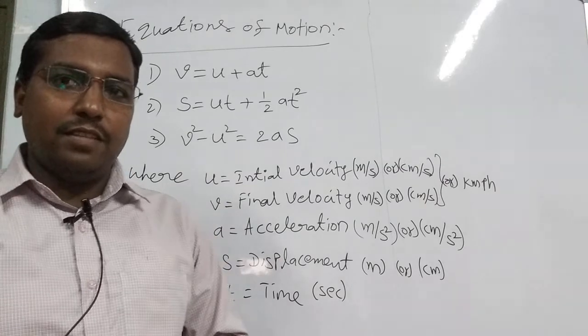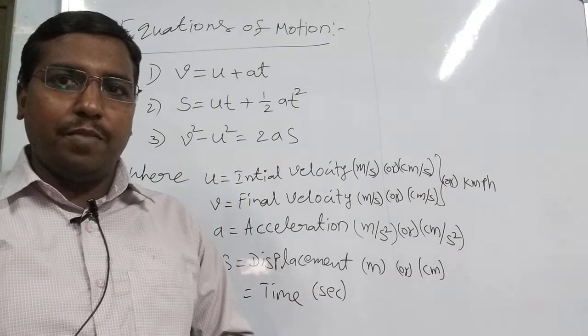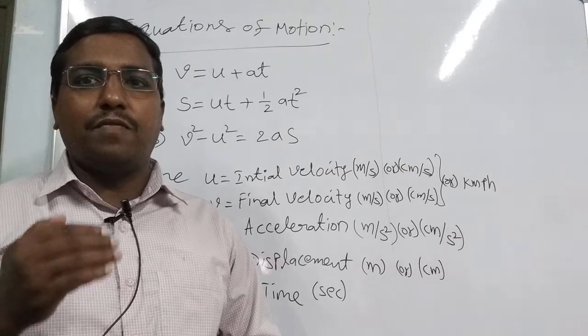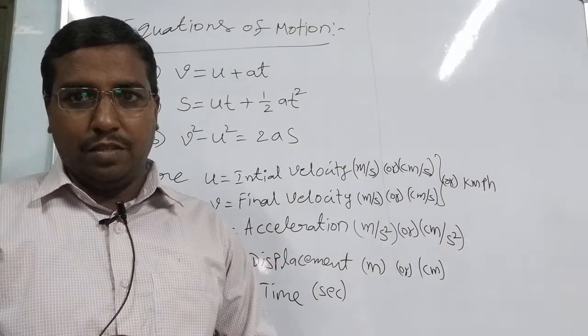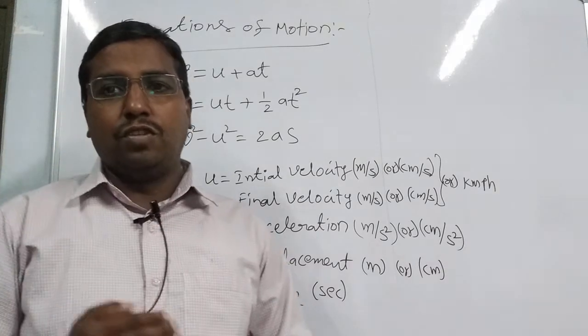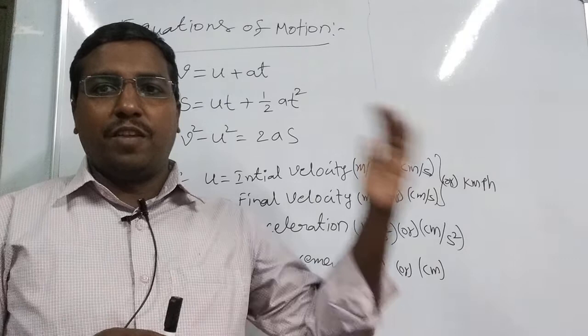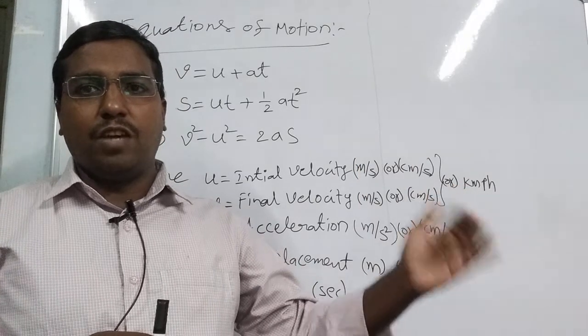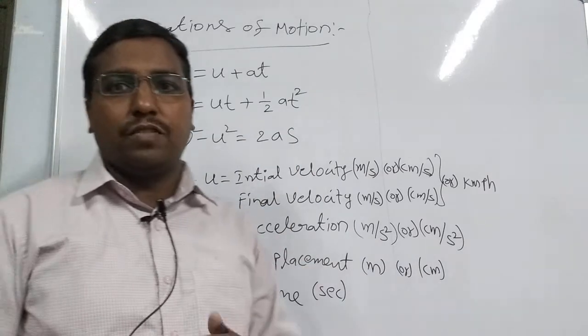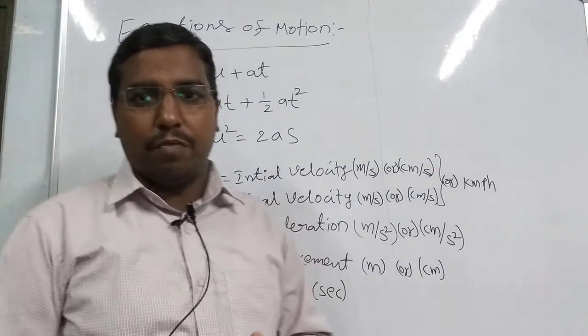This second formula is taken whenever you find the displacement from the start. Suppose a vehicle starts with zero velocity and moves some displacement. Then to find the displacement of the object, we take s equal to ut plus half at square. It is a very important formula.